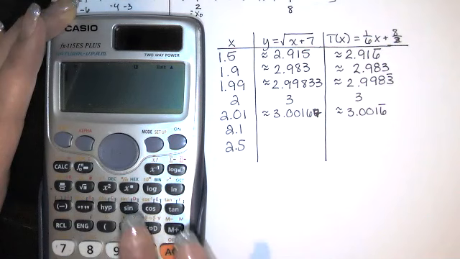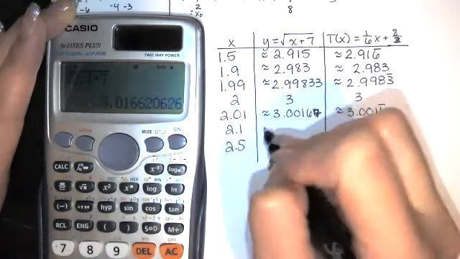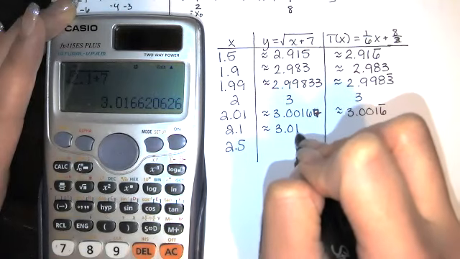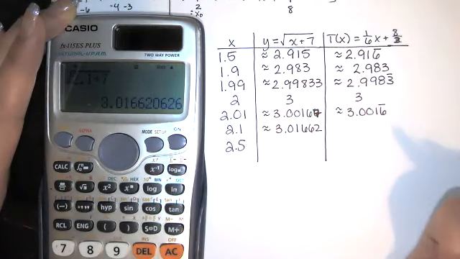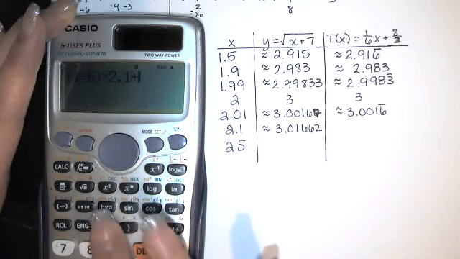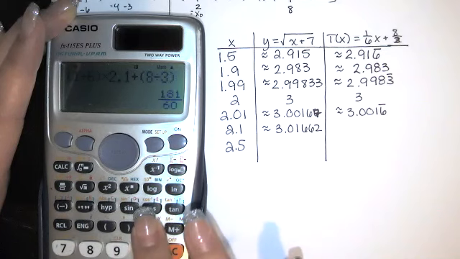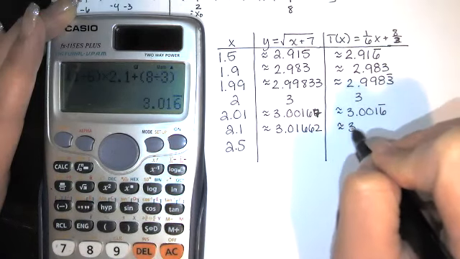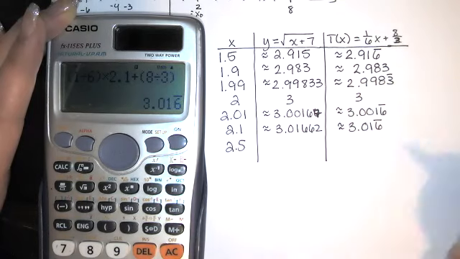Let's go to 2.1. I've got the square root of 2.1 plus 7. So it's about 3.01662. And over here, we've got 1/6 times 2.1 plus 8 over 3. It's about 3.016 repeating.